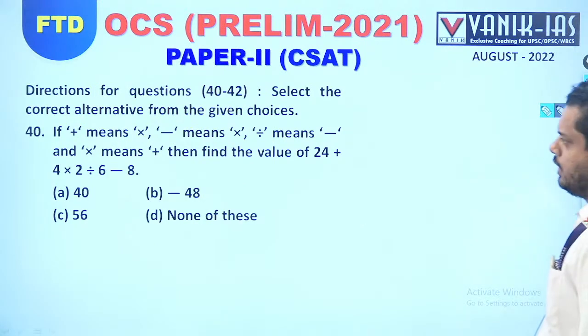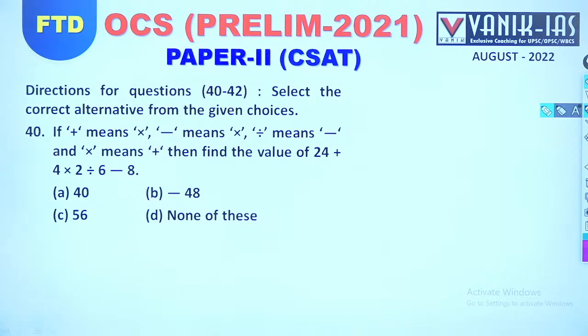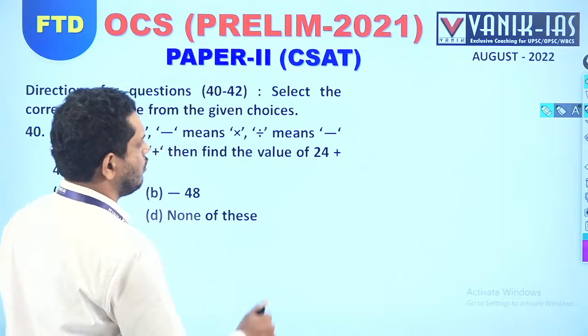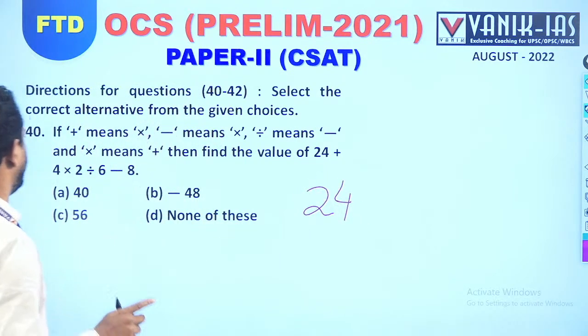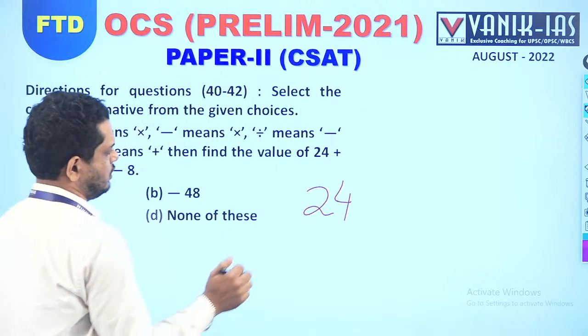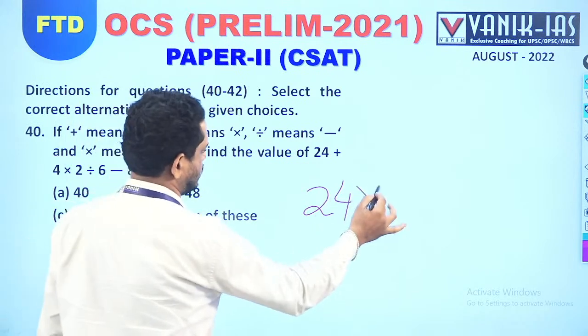Here it is the next question, and this is a so easy mathematical operation, right? It's the silliest question ever. Here it is, we have an expression: 24, and then we have to change plus into what? Plus means cross, here it is cross.